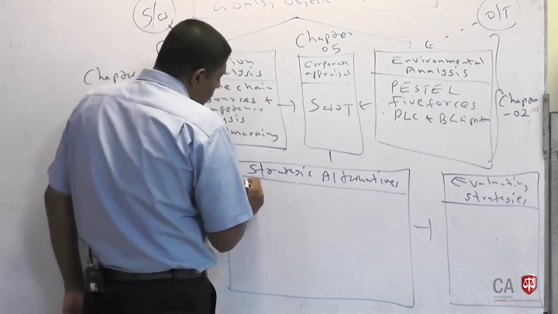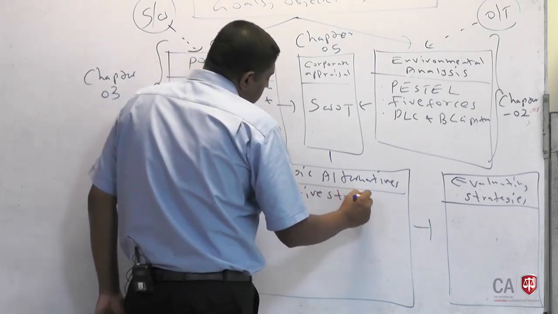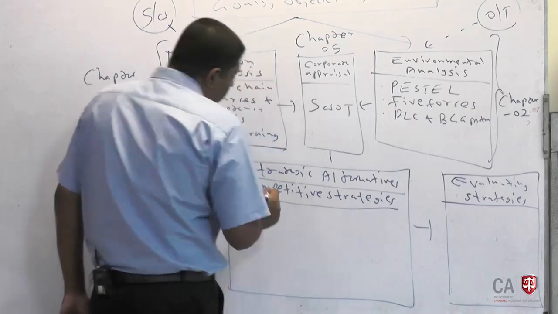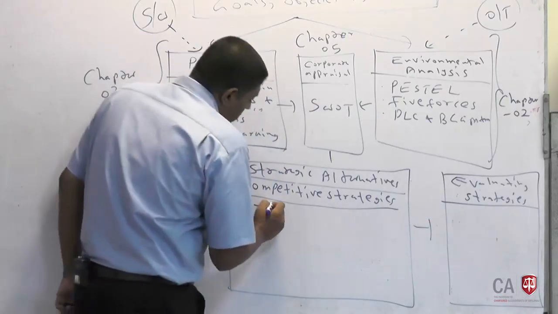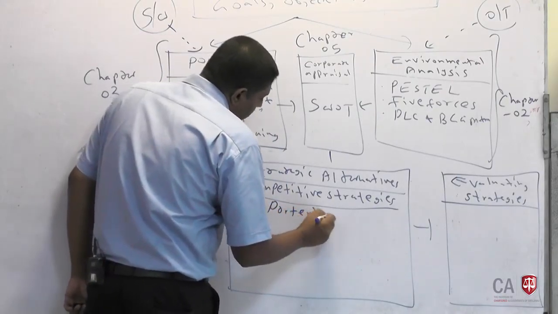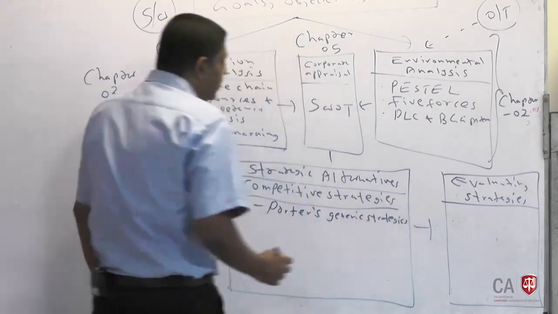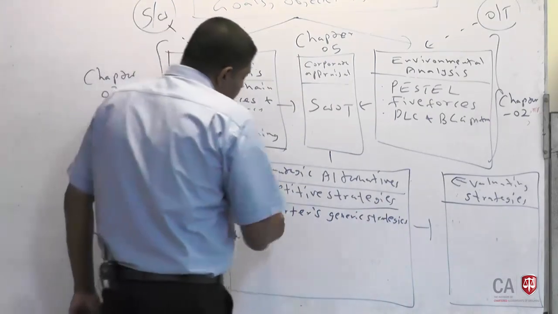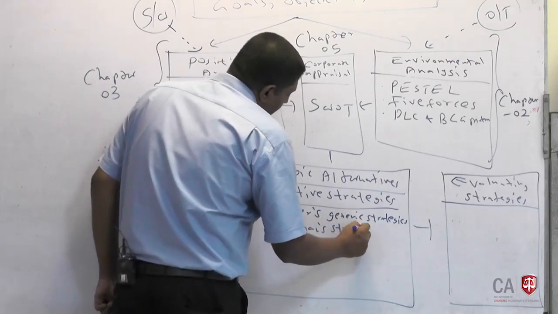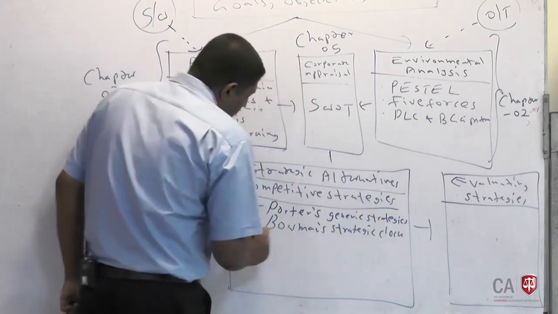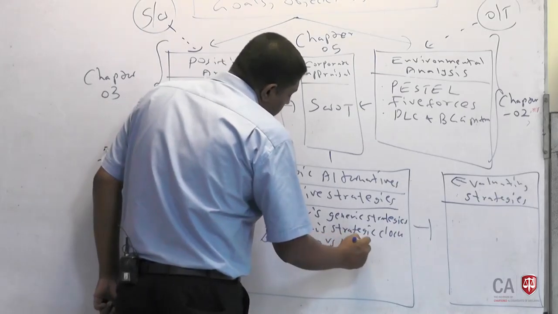One is to discuss the competitive strategies. Under these competitive strategies, your syllabus has suggested learning three strategies: Michael Porter's generic strategies, then the Bowman strategy clock, then the third one, blue ocean versus red ocean strategies.